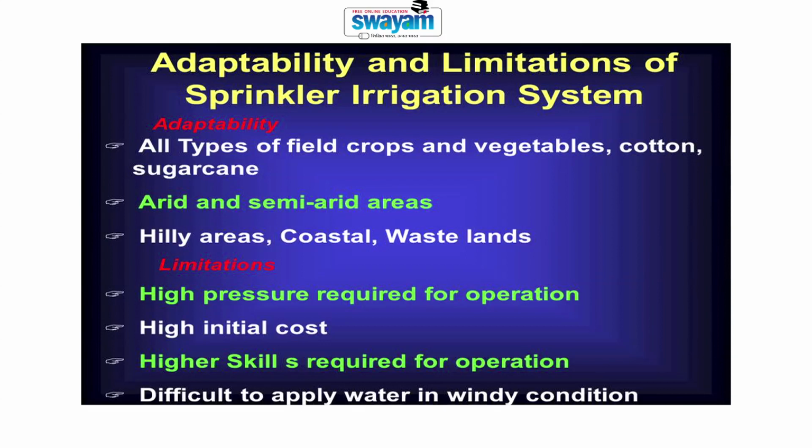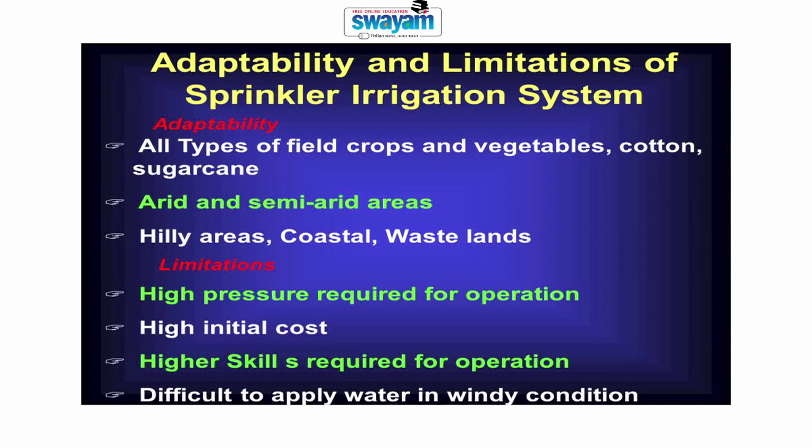What are the adaptability and limitations of the sprinkler system? It can be used in large areas, for all types of field crops, vegetables, cotton, sugarcane, arid and semi-arid areas, hilly areas, coastal areas and wastelands.